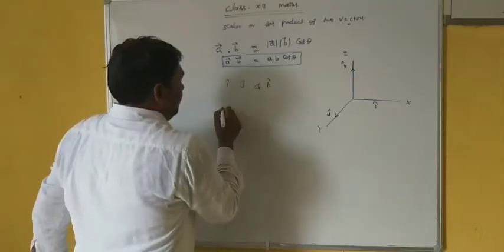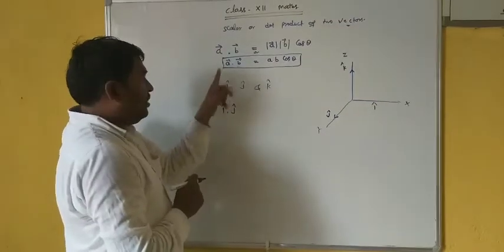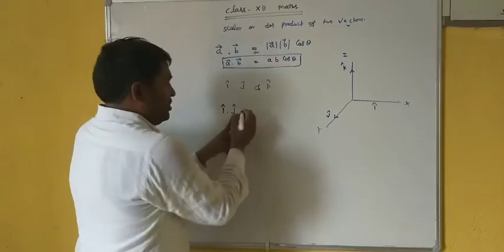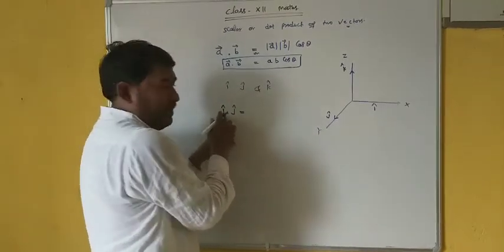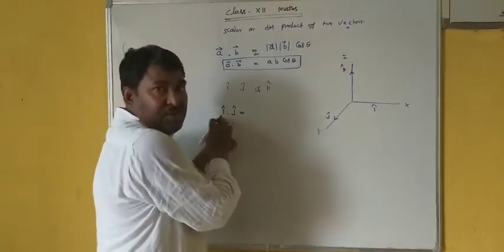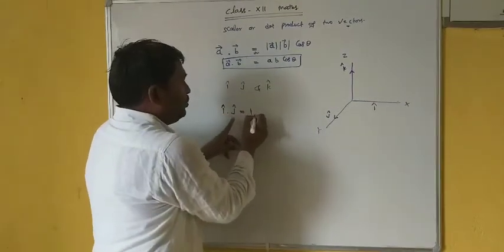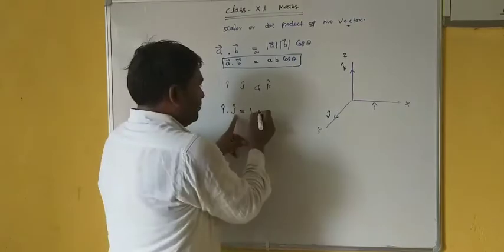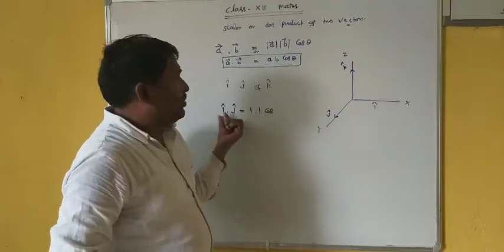Therefore, i cap dot j cap, by using this formula, first vector dot second vector is equal to the modulus of the first vector, meaning modulus of i cap. Since it is a unit vector, its magnitude will definitely be 1, into the magnitude of the second vector, which will also be 1, into cos of the angle. Now, what is the angle between i and j?